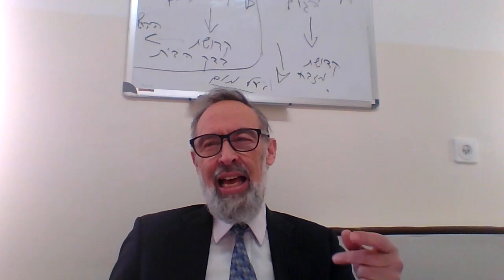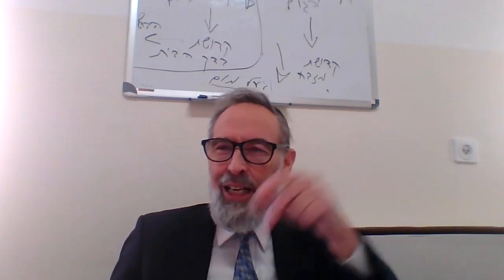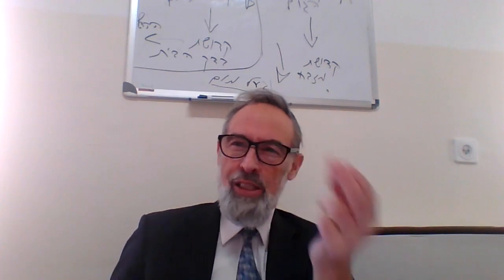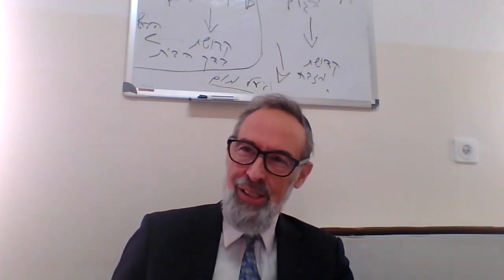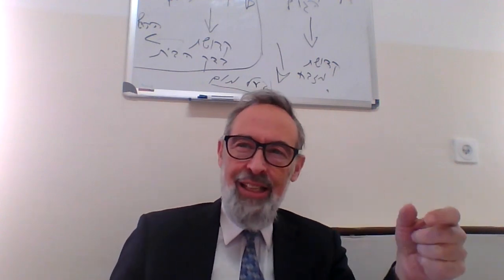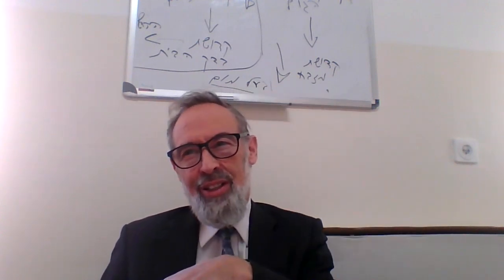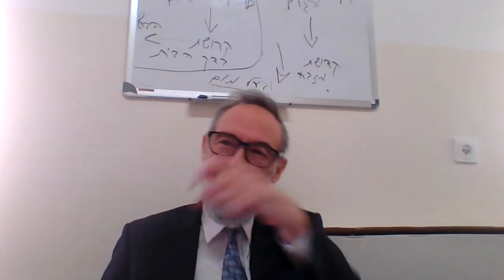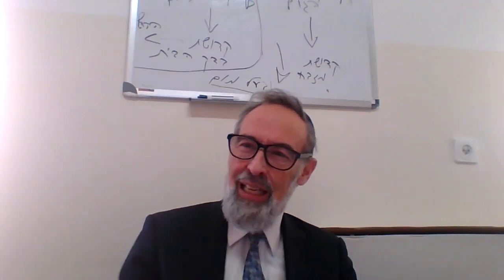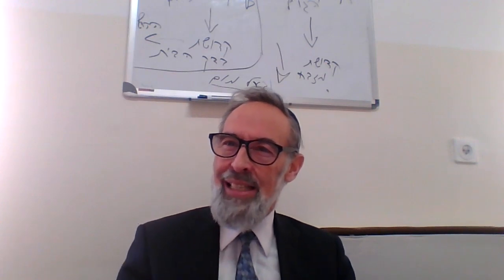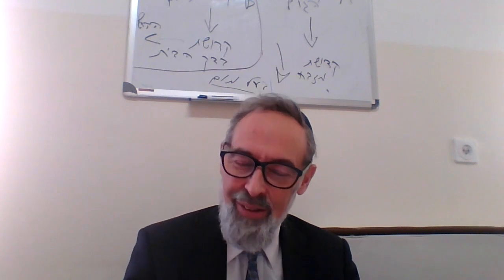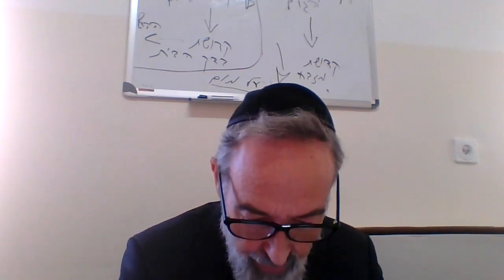What happens if he has an equal number of animals on both sides, but he wants to make a double tmura with one statement? So he's got two animals of hegdish and two animals of chulin. Harei elu tmuras elu. I'm not so sure if he could do that, but all the cases that we've addressed so far are where it's off balance. I don't know.